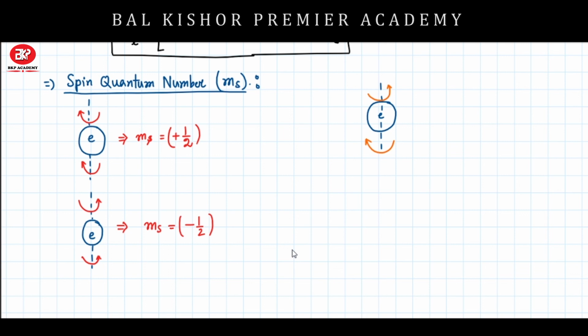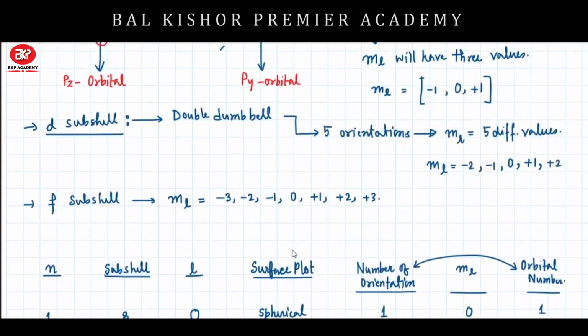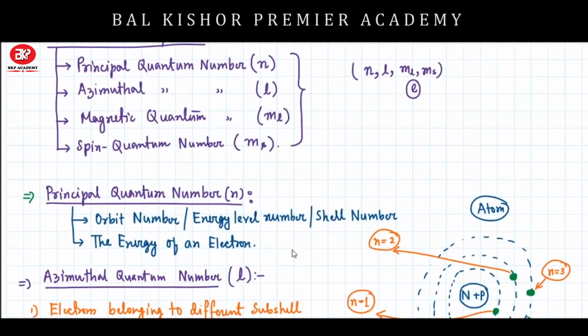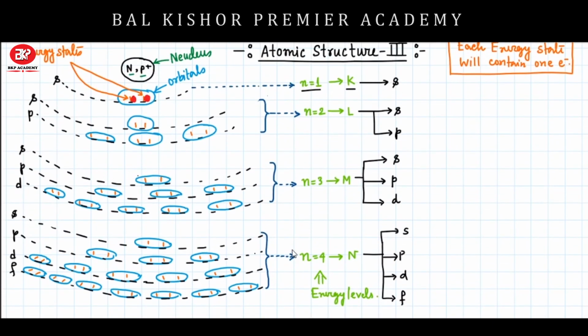By these four numbers we can identify any electron. Let us go back to the energy level diagram that we saw in the first case. Suppose we have an electron here.